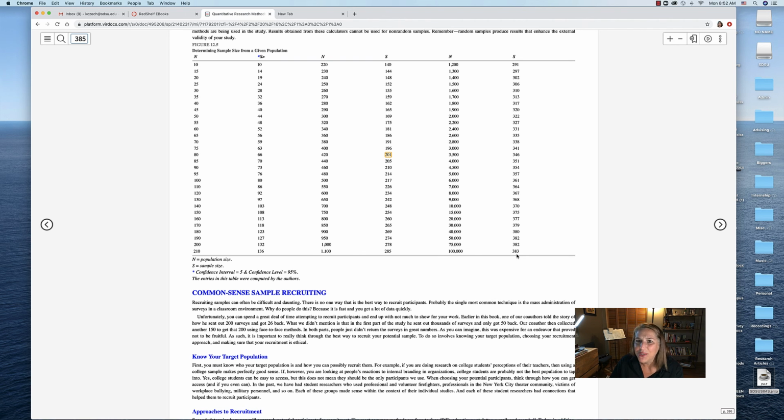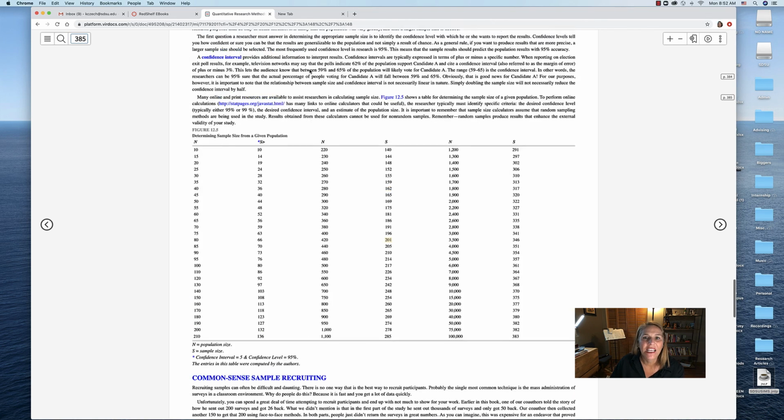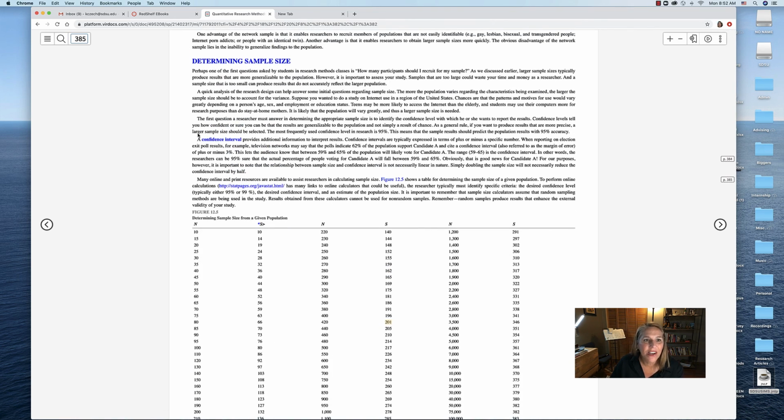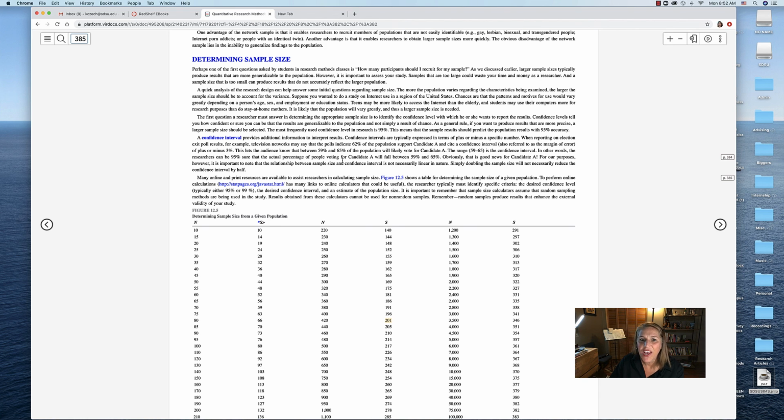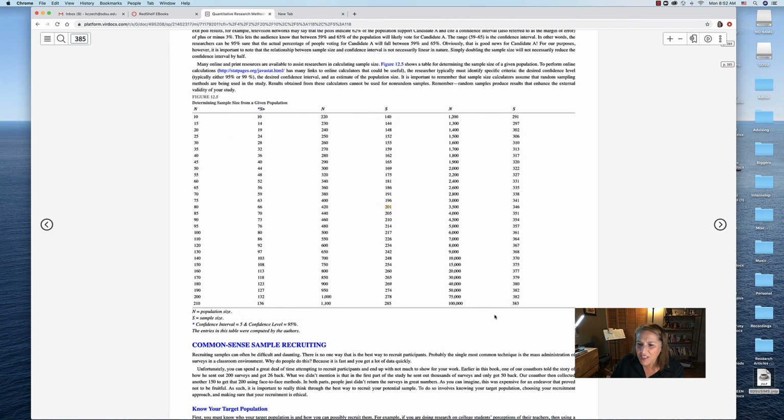But one of the things we're going to start talking about in this next portion is that you definitely want to be confident. Your confidence interval says how confident do you want to be about your results. And that's where, if you want us to fall in a certain percentage of confidence, you've got to have a bigger sample. If we only picked up 10 surveys, we can't say anything.